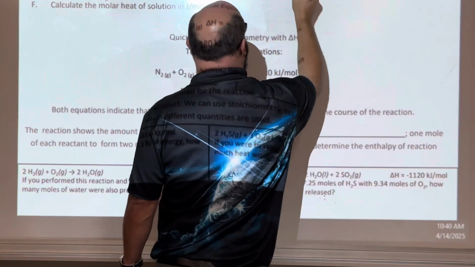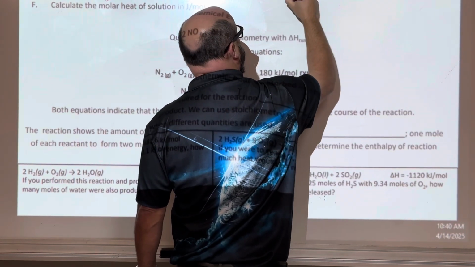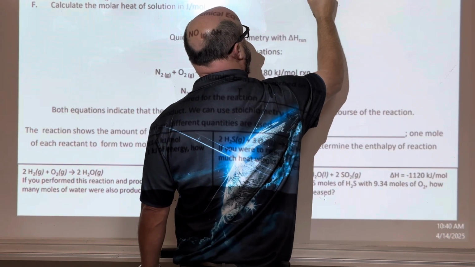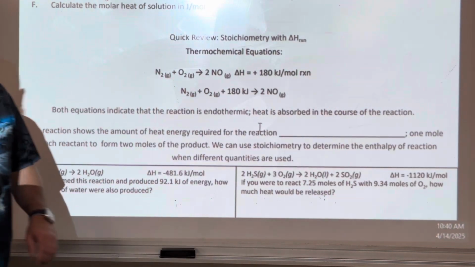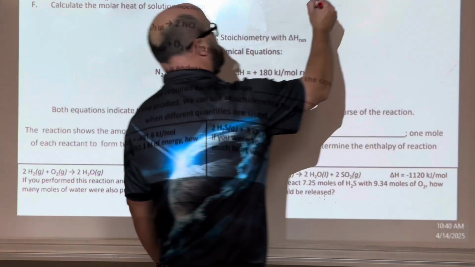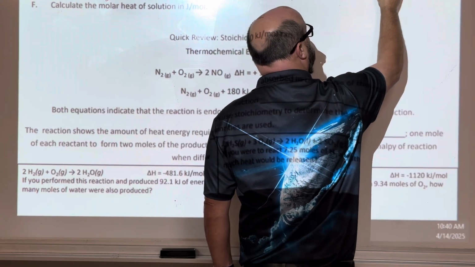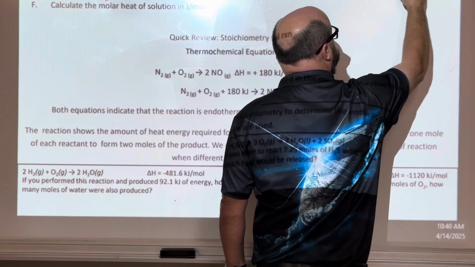Cancel those out, multiply straight across, 4.97 divided by 110.98. And let's see what that gives us. 0.0448 moles.